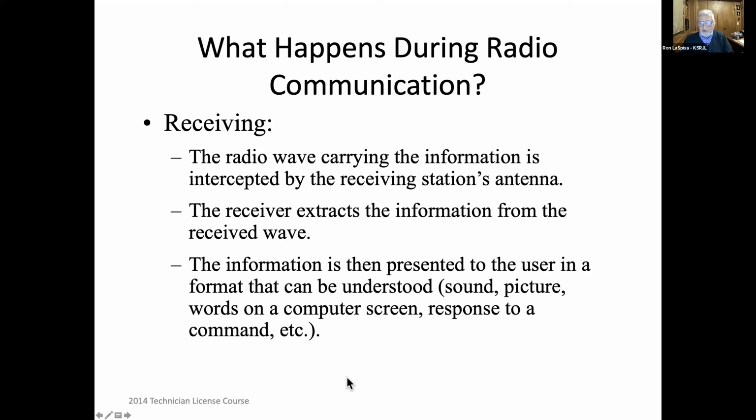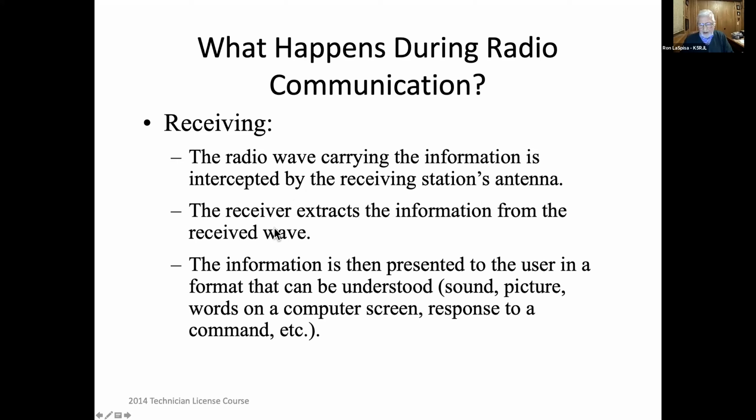Okay, during reception, the radio wave that's carrying this information, actually all kinds of radio waves that are out in space, are intercepted by the receiving station's antenna. Now this is where the receiver does a fairly big job, and that is that they extract the information from that received wave.